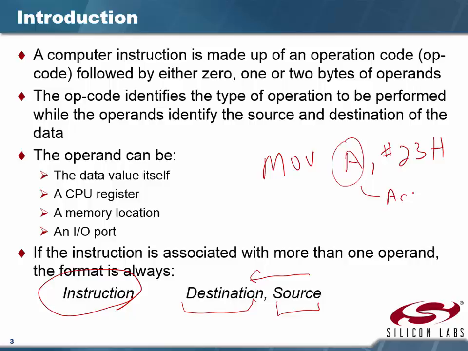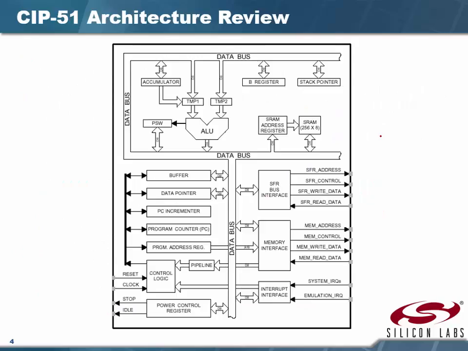This is also called the accumulator, the A accumulator, and we're going to move into it the number 23 hex. The reason I know it's the number 23 is this is the symbol for immediate, and we'll talk about that as we look at the instructions. So in our microprocessor, we're moving from right to left in this direction.